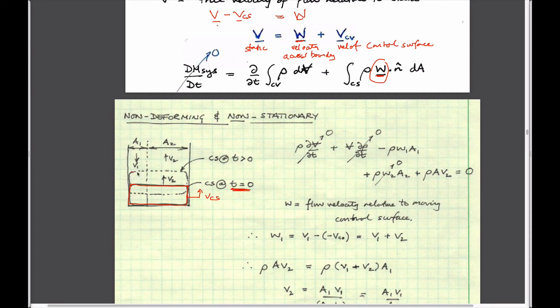And so at the next time increment, this control volume is going to look like this dotted line here. It hasn't changed size. It may look like it has because I can't draw very well, but it's just migrating up through the system.